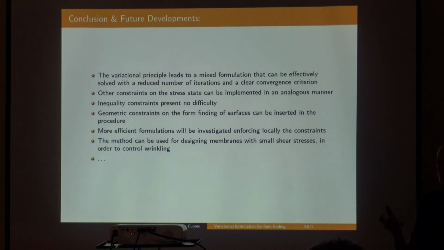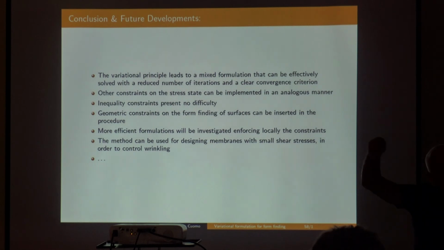So what you want to do, and that's a very interesting application, is keep the deviatoric part of the stress as small as possible, in order to avoid wrinkling, which of course reduces the membrane stiffness. You can enforce also this constraint, and it seems to be very interesting. You can enforce a geometric constraint, like in the tent of the Sultan of Kazakhstan, with some constraint on the length.